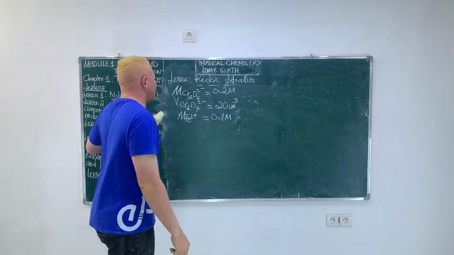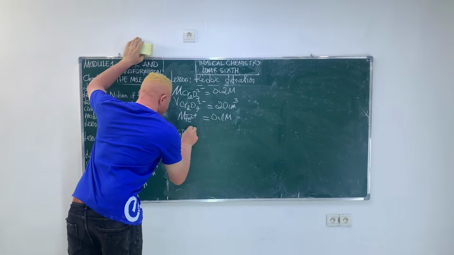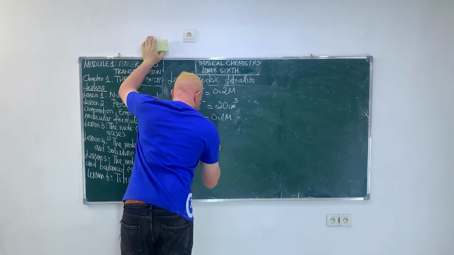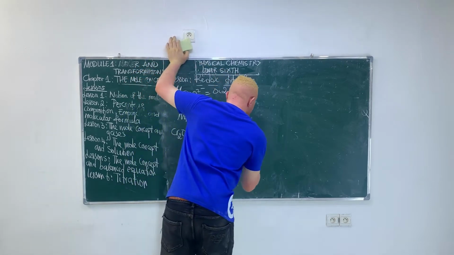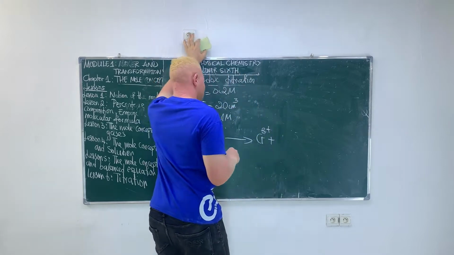So write the balanced equation. The equation is dichromate plus the iron salt. Here we are going to have chromium 3+ plus iron 3+ from iron 2+.